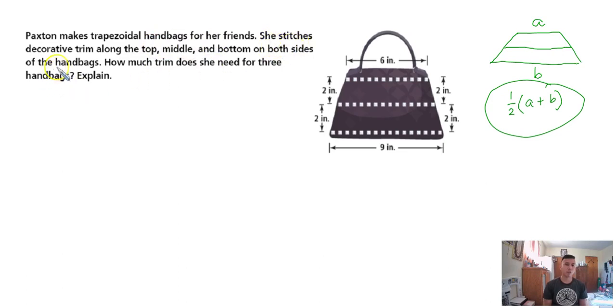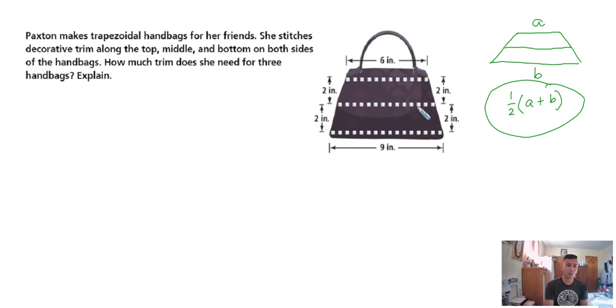She stitches decorative trims along the top, middle, and the bottom. It's this one, which has 2 inches in between. The problem is how much trim does she need for the 3 handbags. So we are looking at the trims that we have here.